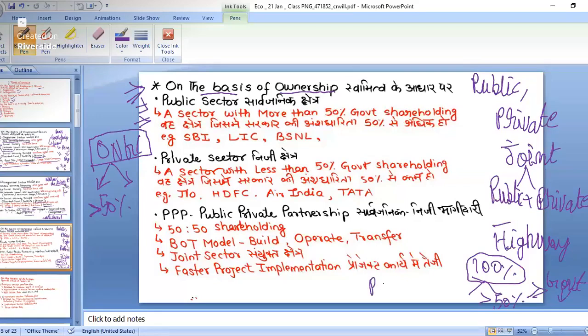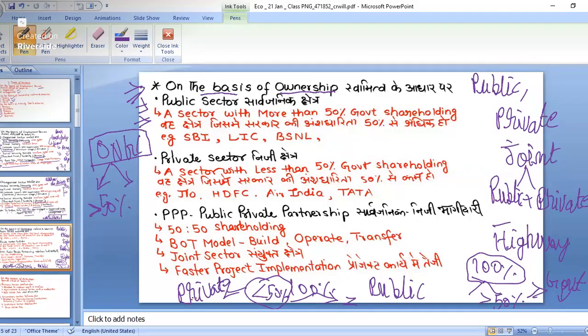If government shareholding is less than 50%, that company will come under the private sector. Even if the government shareholding is just 51%, that company will come under the government sector.